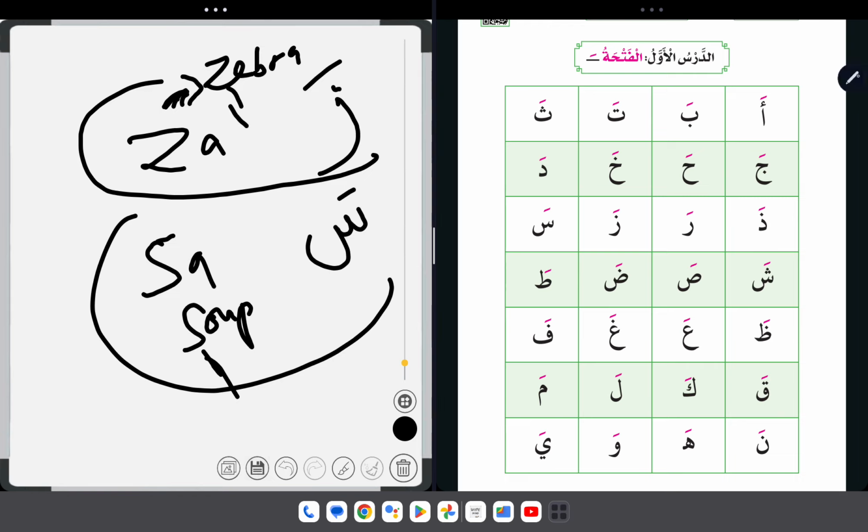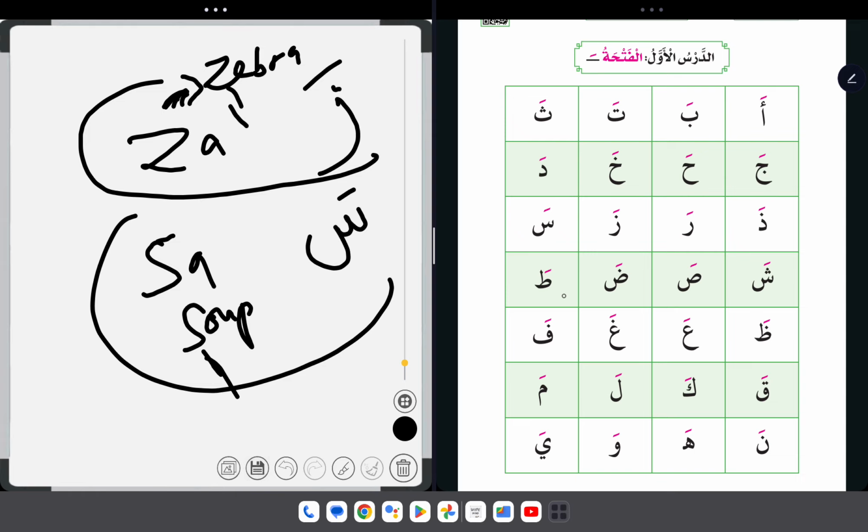So here we have za, sa. So the letter shin, when it carries fatha, is what? Sha, sha. And the letter sod, when it carries fatha, becomes so. The letter dod, when it carries fatha, becomes do.